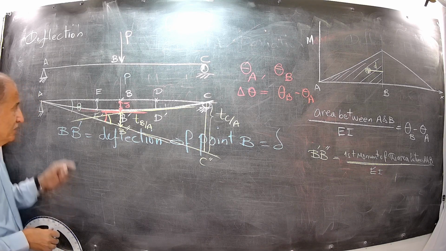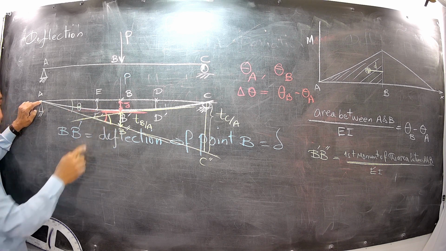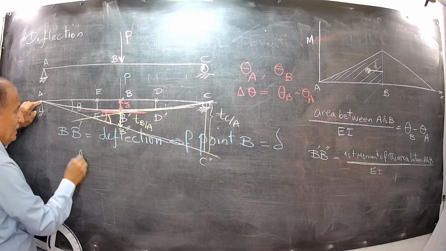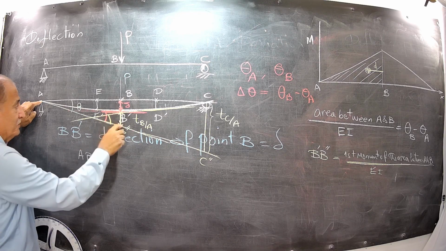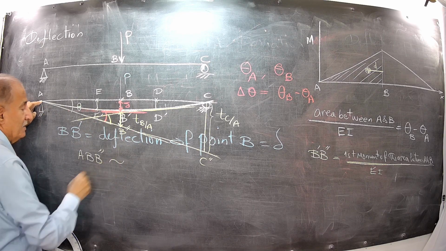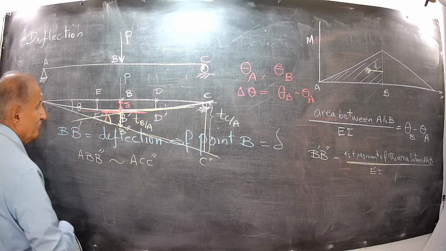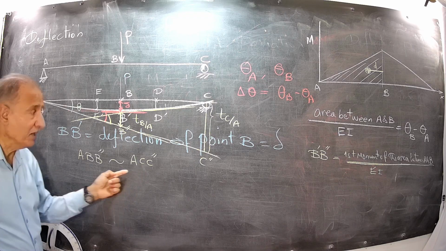Geometry says that this triangle ABB double prime is similar to triangle ACC double prime. Write the ratio of similarity.